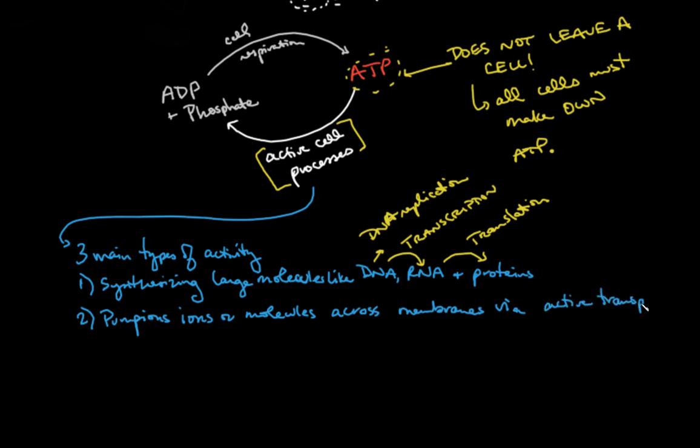All right, so in order to pump something, and this is a type of transport across a membrane, if you remember this maybe, this is when something goes from low concentration to high concentration. In other words, where there's not a lot of something, it's getting pumped to where there's a lot of something. That takes energy to go against the gradient, the normal flow of things spreading out, and that requires ATP.